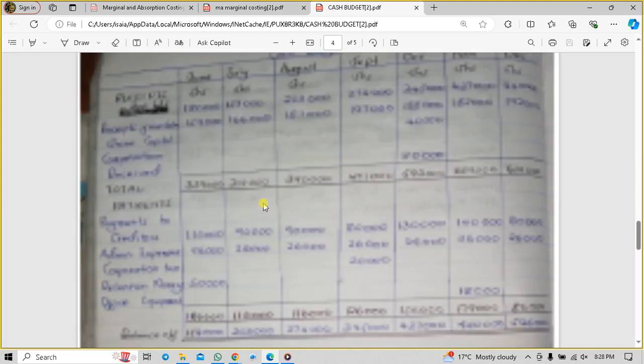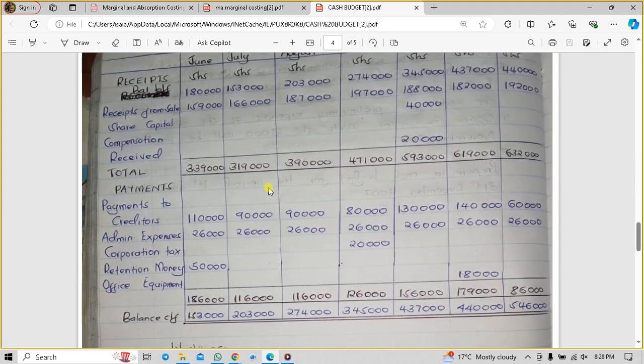So every month, when you subtract, 33,000 minus 7,000 gives us 26,000. Every month we will be paying admin expenses of 26,000.